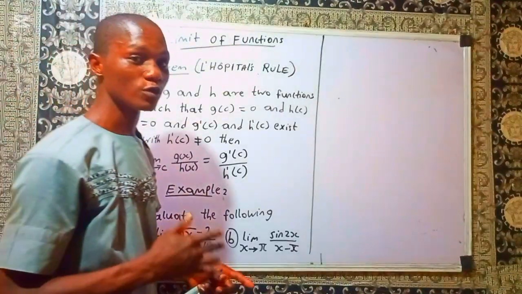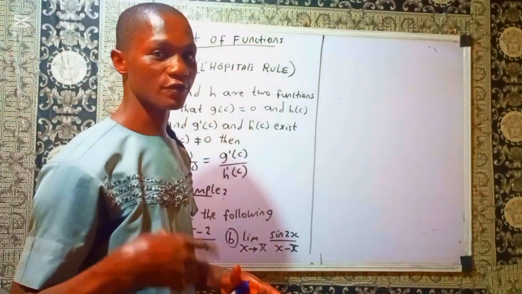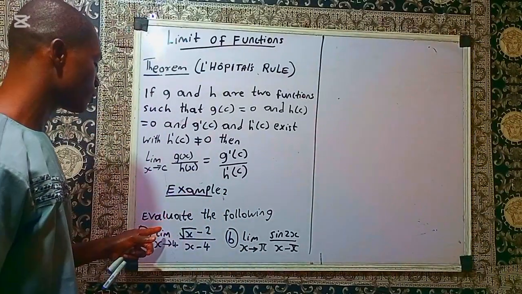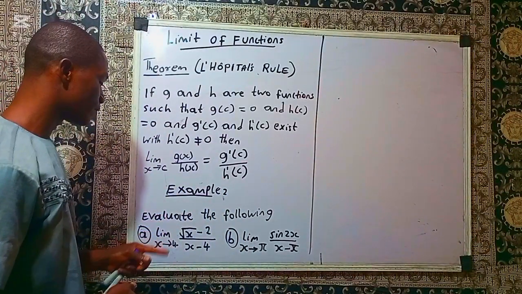So we are going to evaluate some limits that will give you 0 over 0 if you substitute the points, using this L'Hopital's rule. In this example, we are to evaluate the following limits.